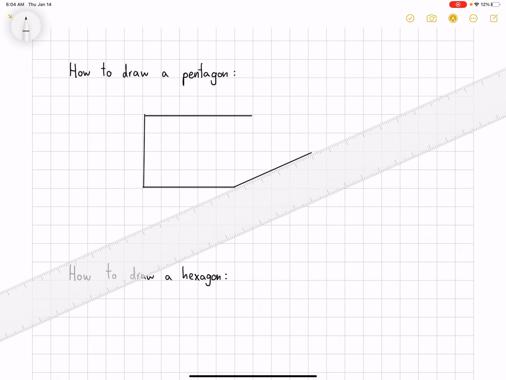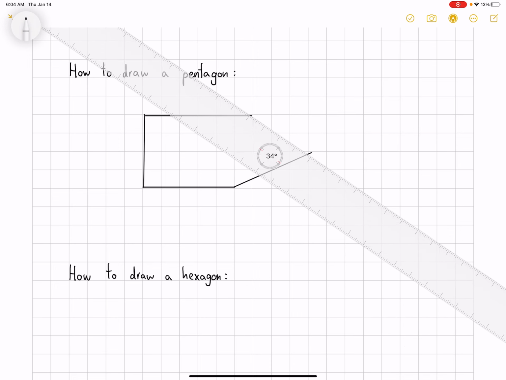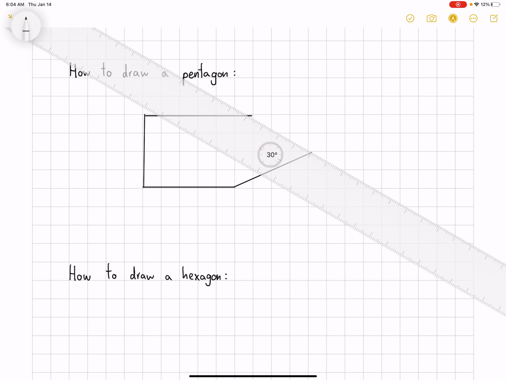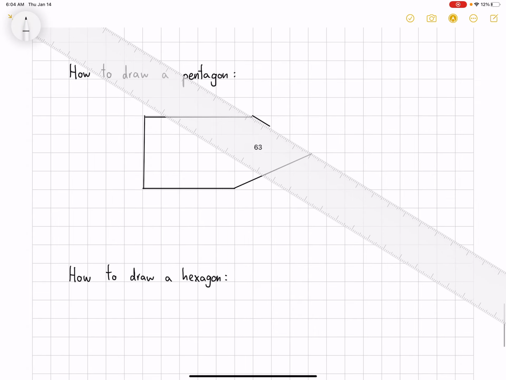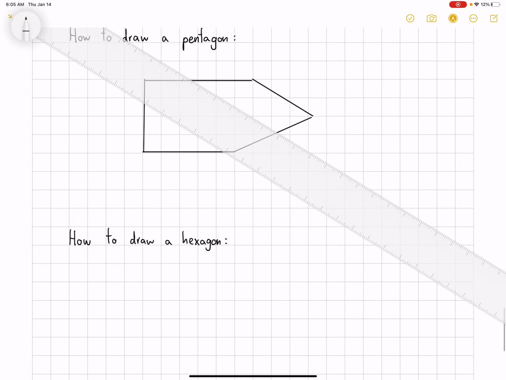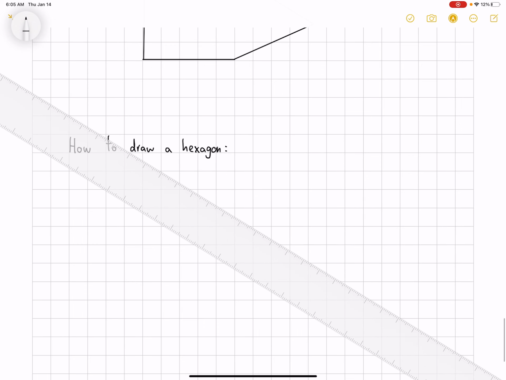Okay, so 4, and now with the 5th we make sure we connect. So we just place our ruler in the end of both sides. 5. I didn't close it really good, but well, you know, right? So, and let's write the name here, pentagon.